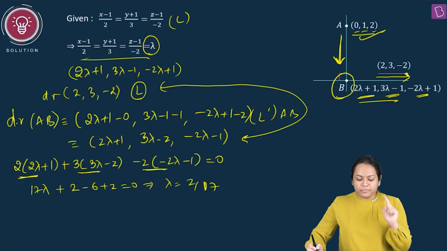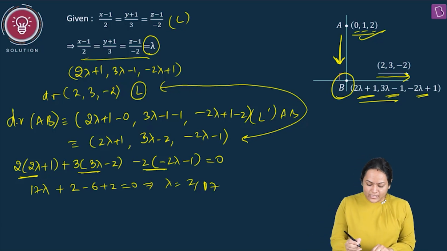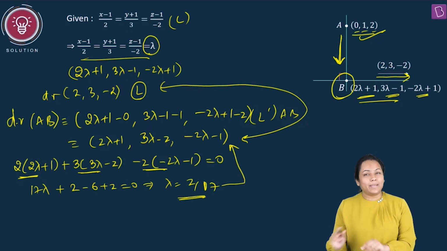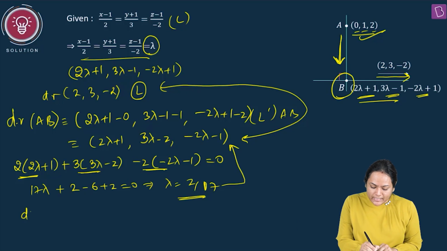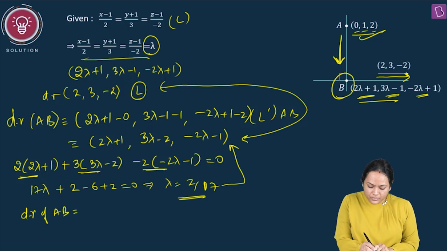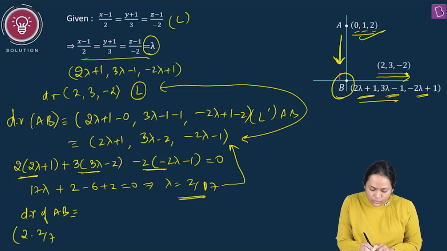Right? So if my value of lambda is 2 by 17, I can substitute this value of lambda in the direction ratio of AB directly. So when I substitute, the direction ratio of AB is going to become 2 into lambda, that is 2 by 17 plus 1, comma 3 into lambda, that is 2 by 17 minus 2.